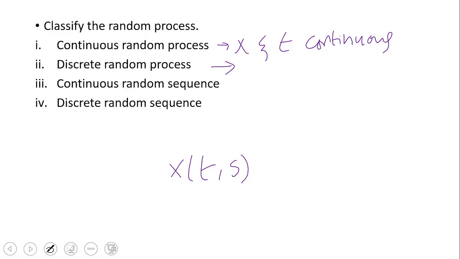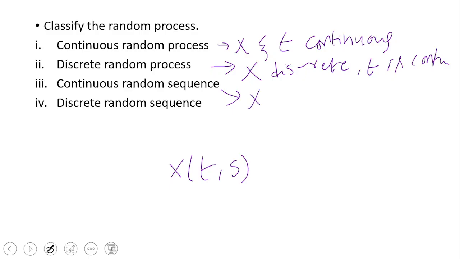A discrete random process means the random variable X has discrete values, X is discrete and t is continuous. Remember, whenever it is a sequence, t is discrete.